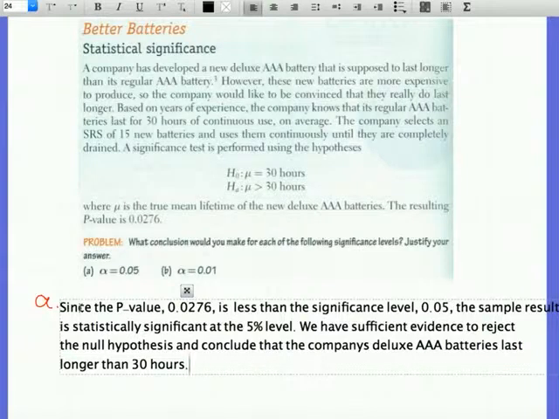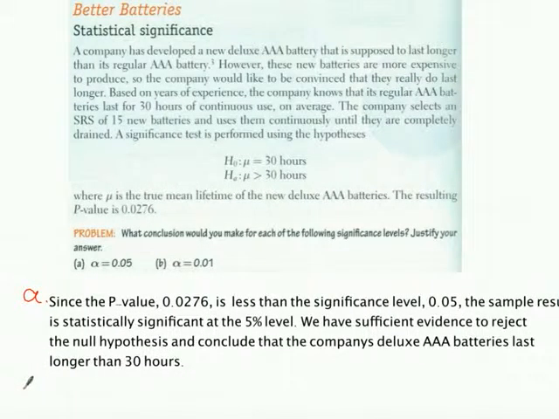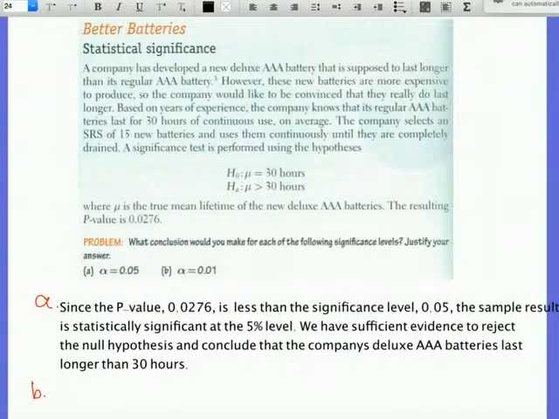Alright, so when we reject the null hypothesis, what that means is we basically turn to the alternative hypothesis and say that we think that that's true. For B, now our significance level, or our alpha, is going to be 0.01. And so our 0.01 is going to be smaller than our p-value.